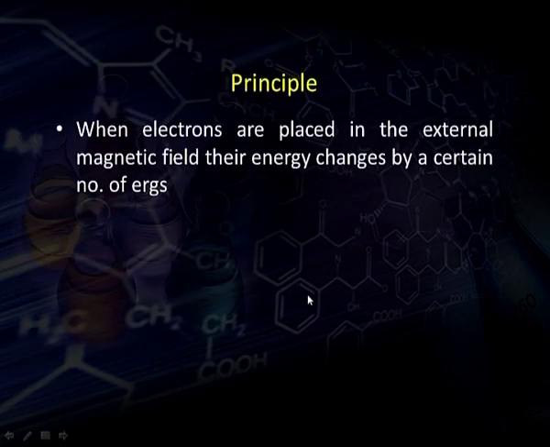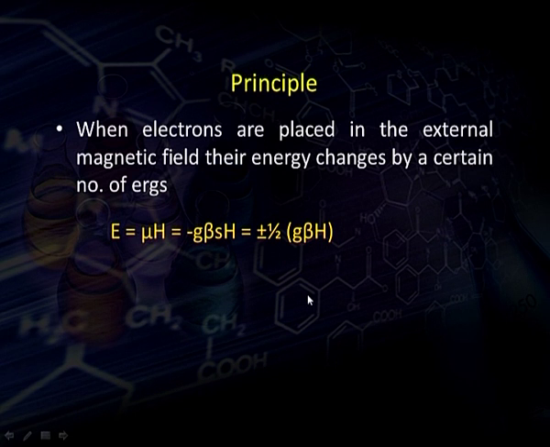When an electron is placed in an external magnetic field, the energy changes by a certain number of ergs, and this is given by energy is equal to mu H. Mu is equal to, we have already seen, minus g beta S, into H, where H is the strength of the external applied field. We can substitute the value of S, which is plus minus half, into the same value g beta H. So, energy is equal to plus minus half g beta H.